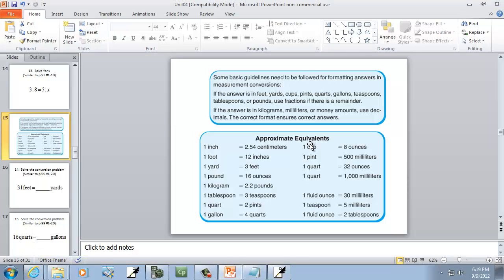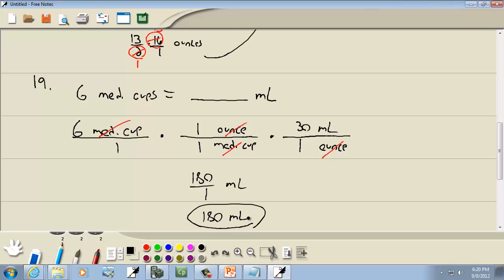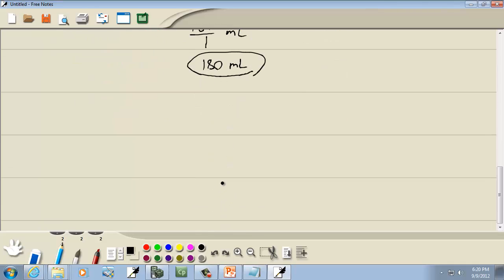So 1 ounce is 30 milliliters. Okay, so medicine cup here cancels the medicine cup here. Ounce here cancels the ounce there. And we got 6 times 1 times 30 gives us 180. 1 times 1 times 1 is 1 milliliters, or 180 milliliters. And that'd be our answer.